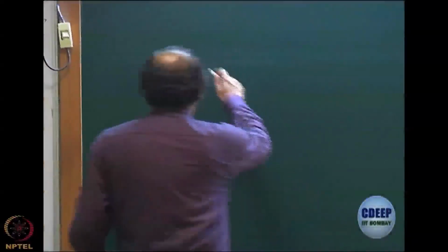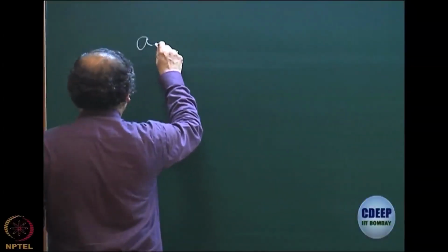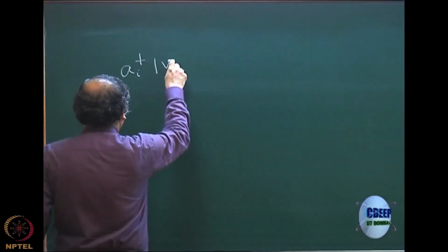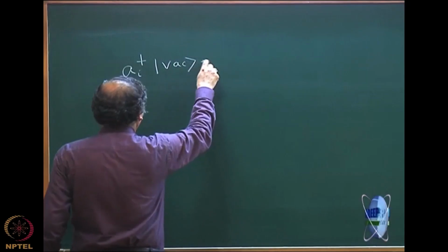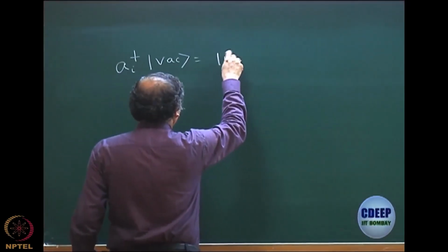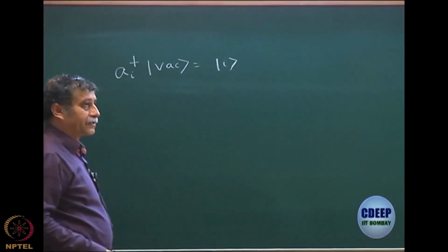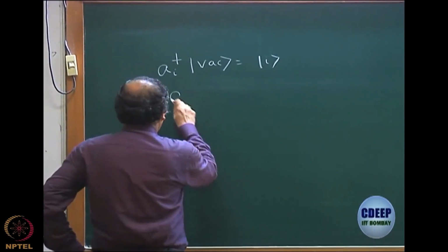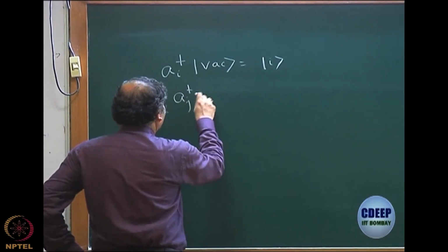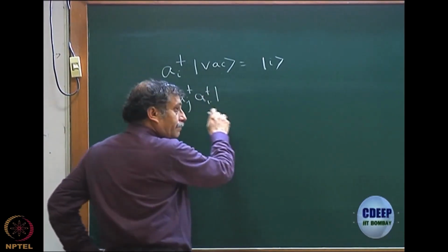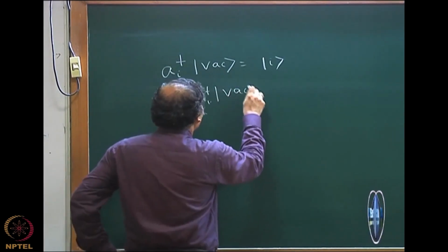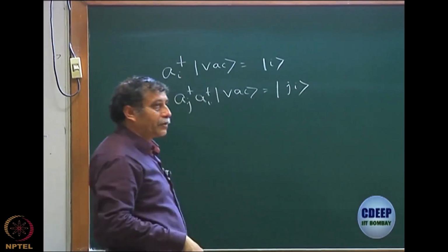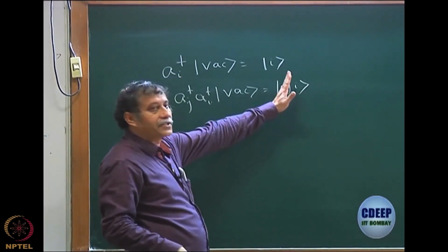So, I will just go back and introduce the creation operator first. If it acts on a vacuum state, it gives you a state which has the ith spin orbital. And then if you add AJ dagger on this, you make a determinant which is Ji, which means essentially it is a determinant, J is the first column.